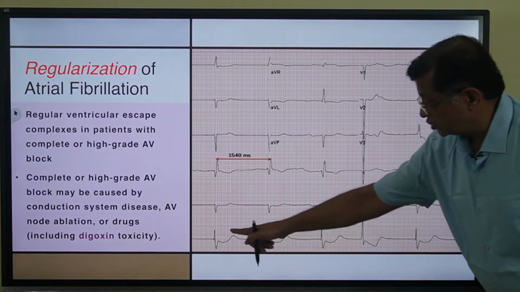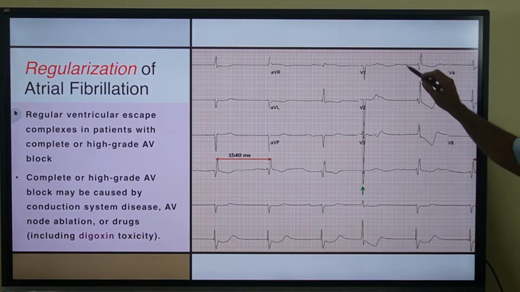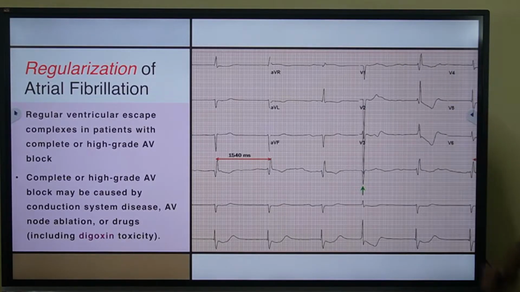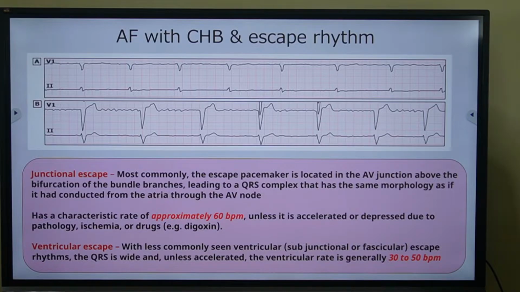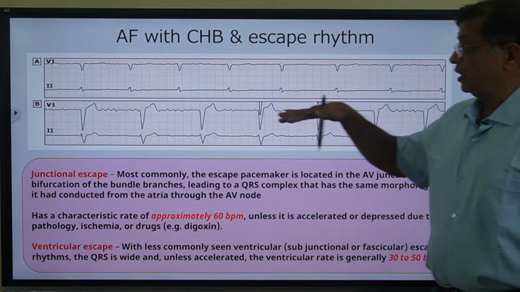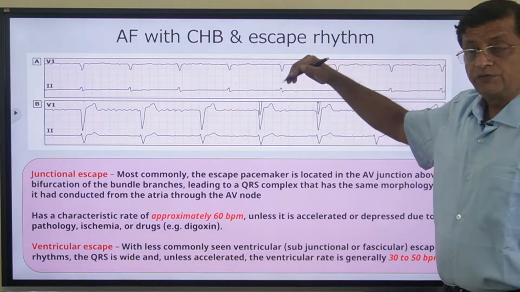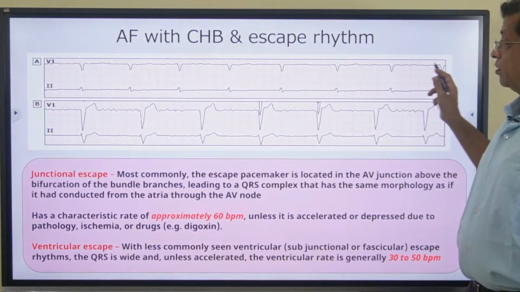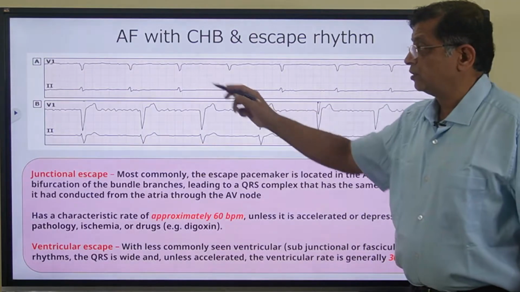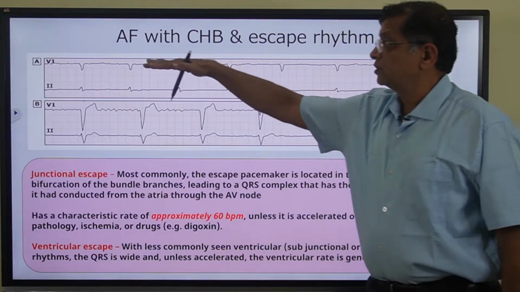So, you can see that there is no P wave and there are small undulations that could be fibrillatory waves, and these are the escape rhythm arising from the bundle. If the escape rhythm arises from the bundle, the rate would be around, say, 50 to 60, right? So it will be a regular rhythm because there is block.